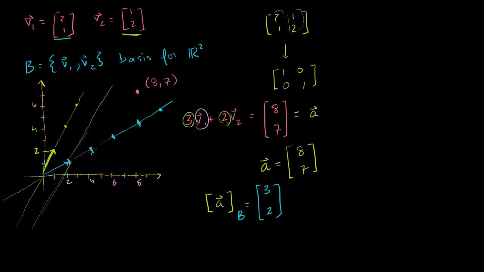I could shift them like that. I could do another one like this. I think you're getting the idea. Let me make that a little bit neater. This might have been useful to do with another tool. And then I could do all of the multiples of v1 like this.